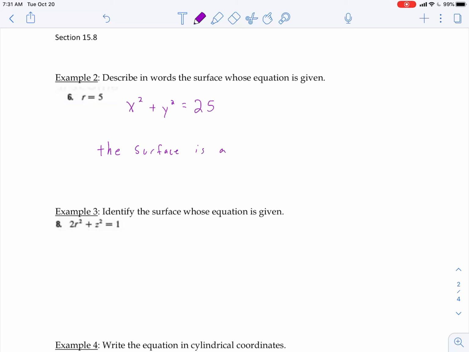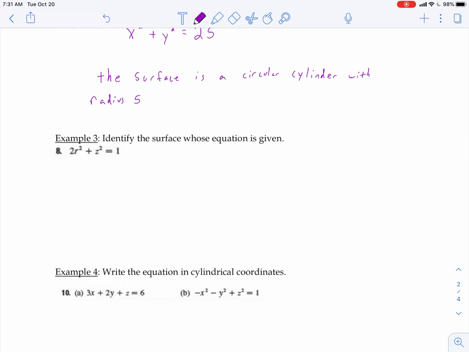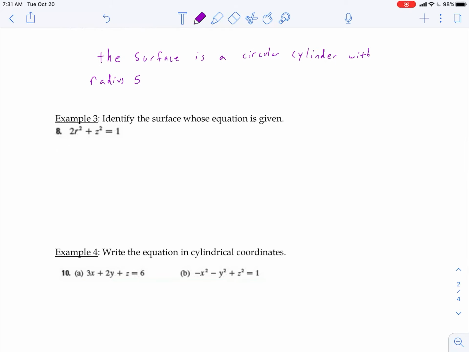So we know that the surface, I'll write this out, the surface is a circular cylinder with radius 5. And we'll just leave it at that. We could say the axis is the z-axis, but we'll just keep it there.